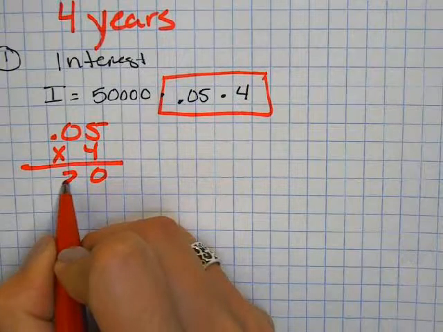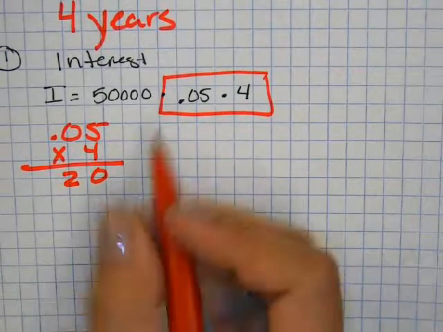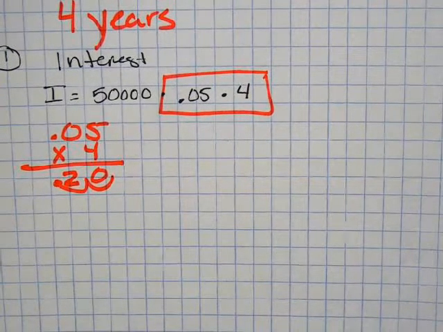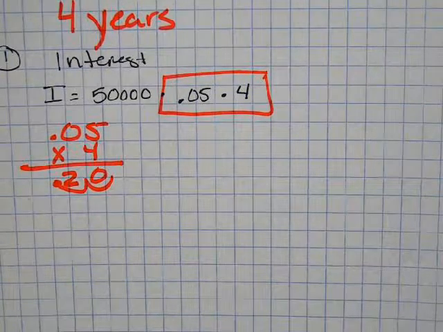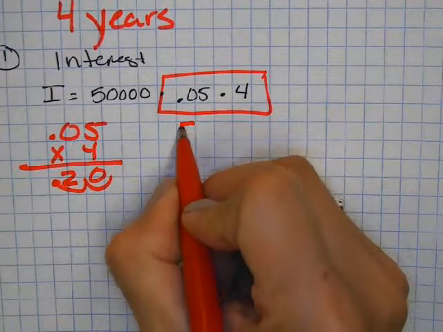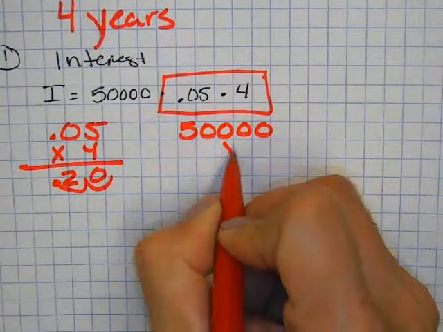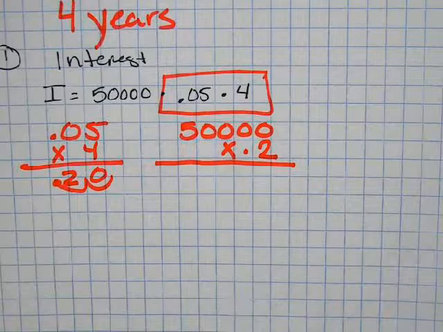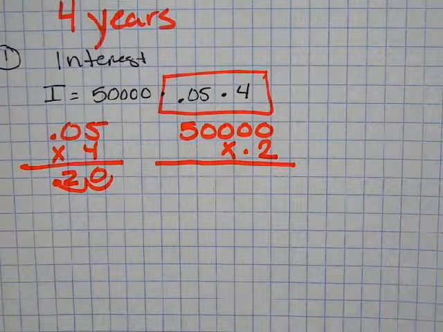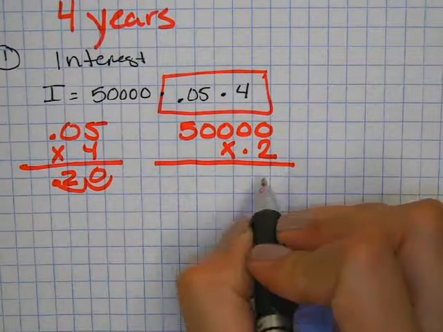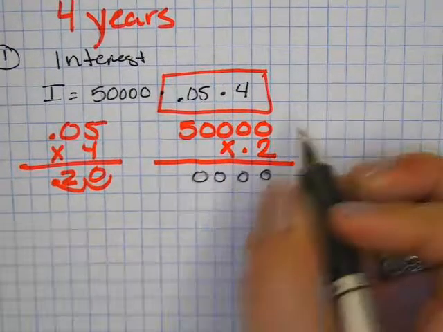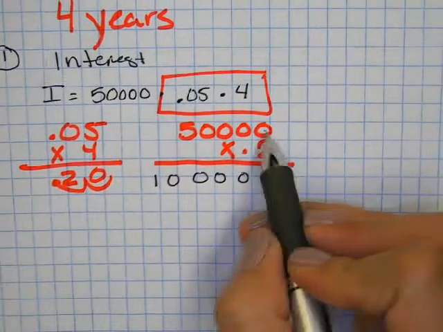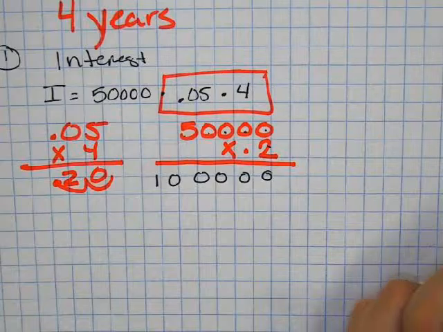I get 20. How many times do I move it? Twice. So it's 0.20, so now I can just use 0.2. So I'm going to take 50,000 and multiply it by 0.2. Don't drop the point. 50,000.